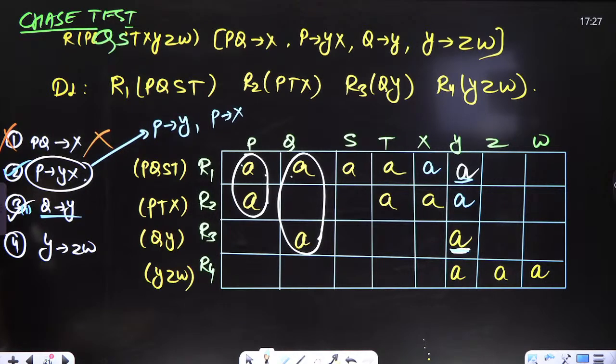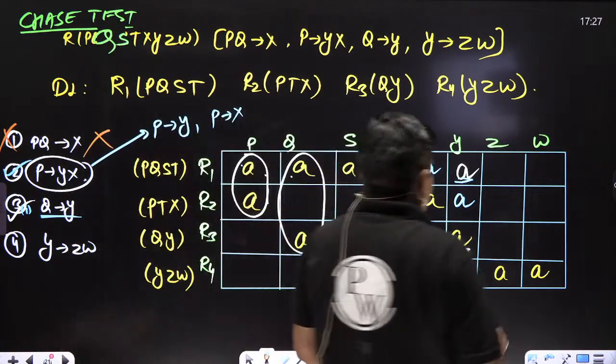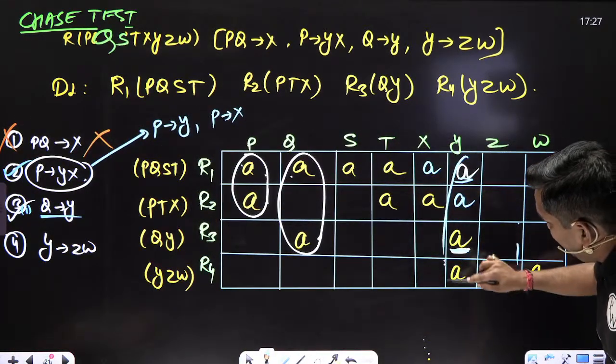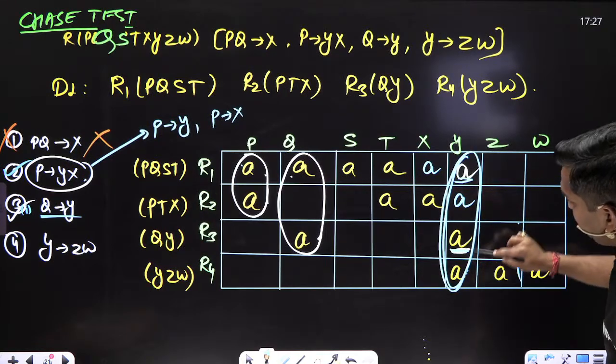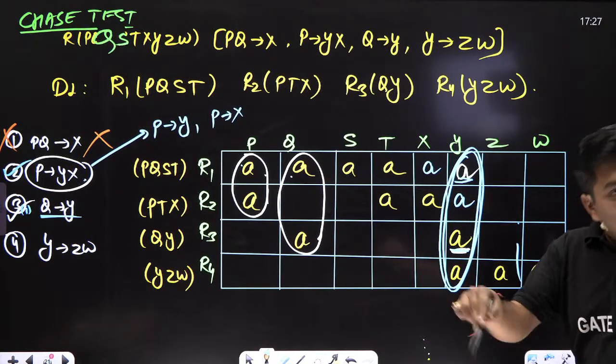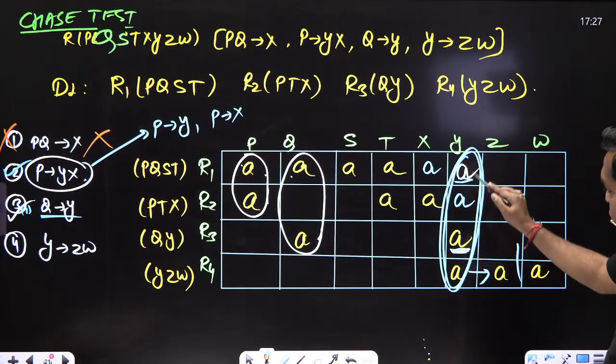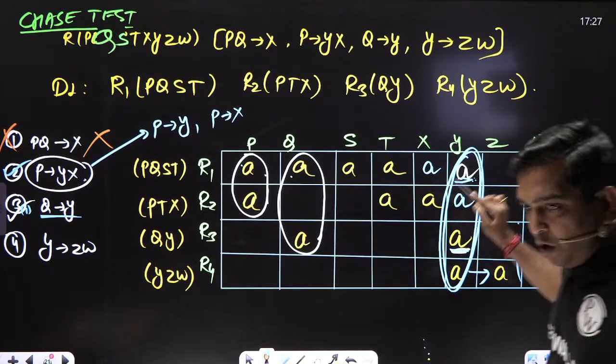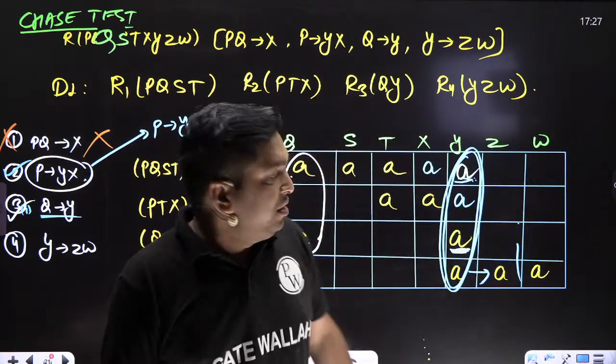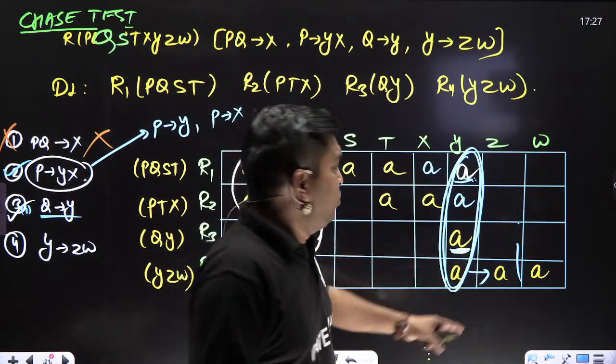Now Y determines ZW. We have a Y value here, not only two, more than two. But what are we getting here? AA. Let us assume this is roll number 11. Then what are you getting?